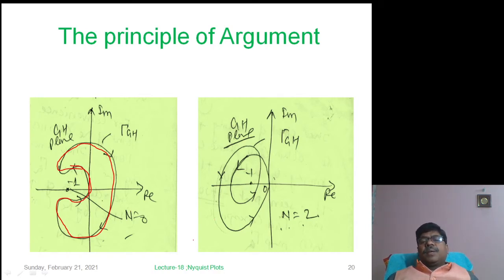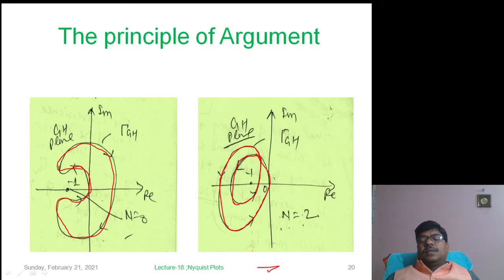While in this case what happens? It is moving in an anti-clockwise direction, moving like this, twice in the anti-clockwise direction.